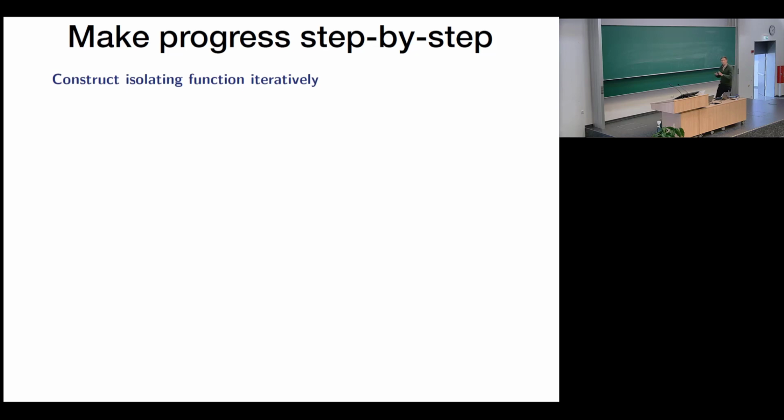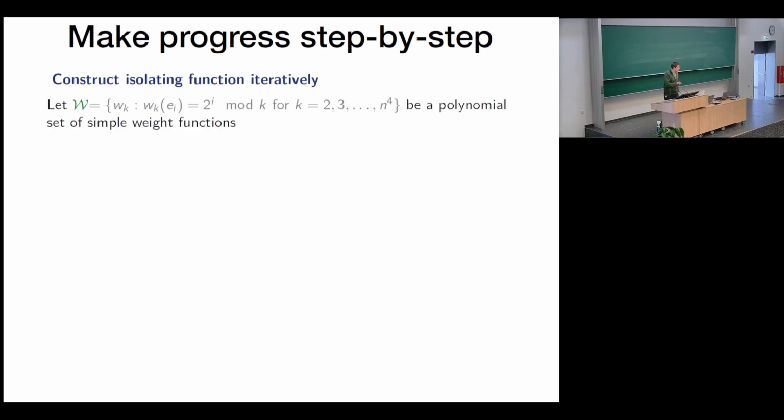So they say, let's look at a family, capital W, of nice weight functions. These are just weight functions that assign weight 2 to the power of i mod k to each edge e_i, for k going from 1 to n to the power 4 or something. So it's polynomially many weight functions of polynomial range. So it's a nice family of weight functions with nice properties, and our dream would be to say that for any graph with n vertices, there would be one of these weight functions that is isolating.